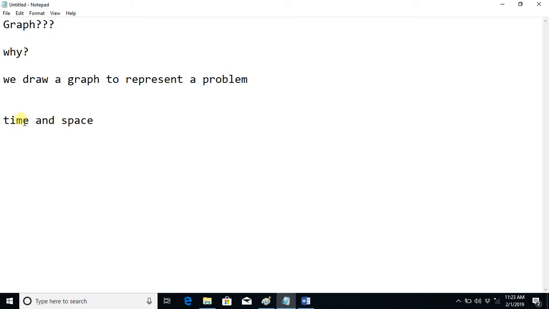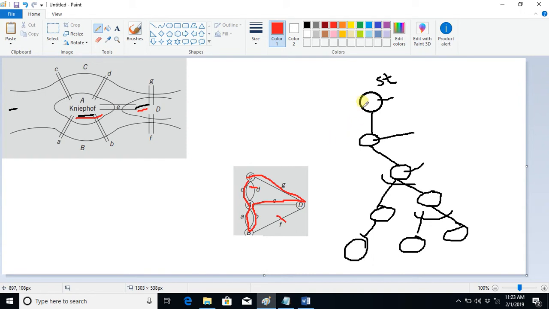For instance, let's say at time 1 you are here, then at time 2 you are here, at time 3 you are here, and here you have a decision point. You may either go to this side or this side, and if you take the right decision, then you may reach the right destination or the solution, otherwise you will not get the solution.